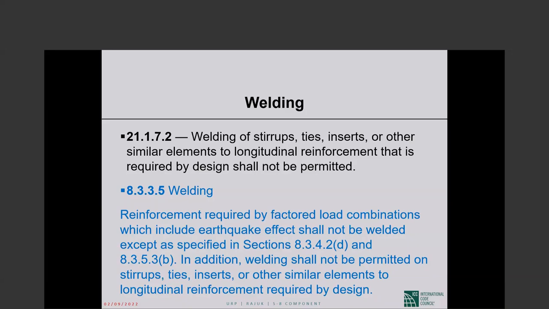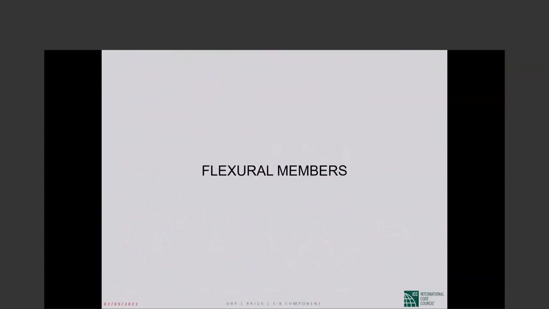It cannot be a bar that carries stresses by your design. Okay? So BNBC has a little more. Reinforcement required by factored load combinations, which include earthquake effect, shall not be welded except as specified in section such and such. Okay, that's kind of a blanket restriction. In addition, the ACI language: welding shall not be permitted on stirrups, ties, inserts, or other similar elements to longitudinal reinforcement required by design. Okay, so pretty severe restrictions on welding in high seismic construction.